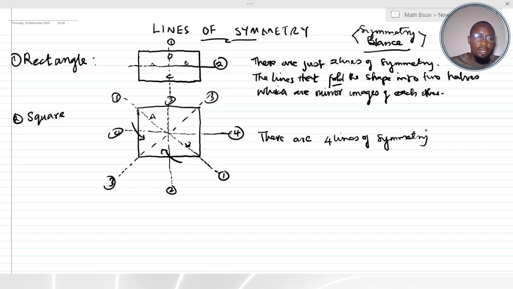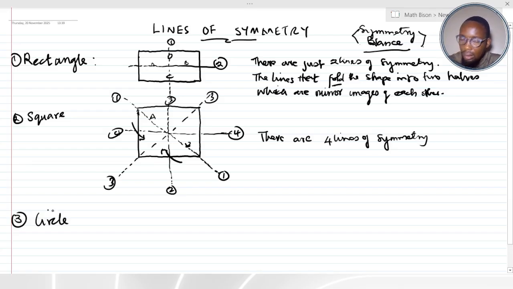Yes, we're moving. The next one is going to be a circle. How many lines of symmetry does a circle have? I'm curious.